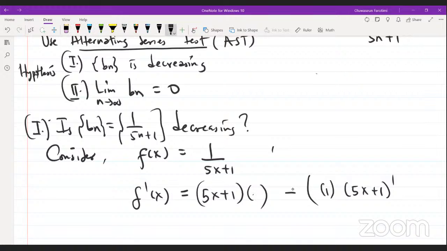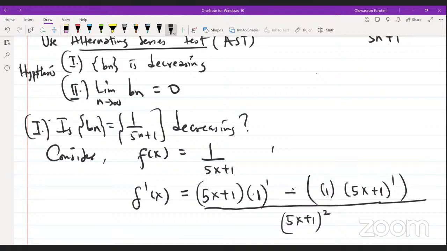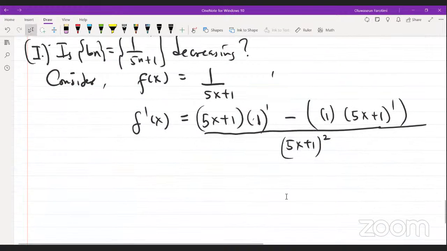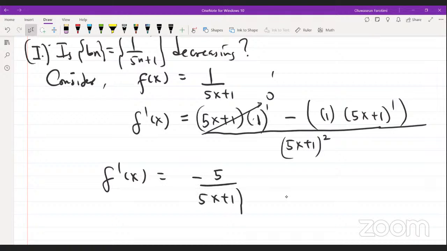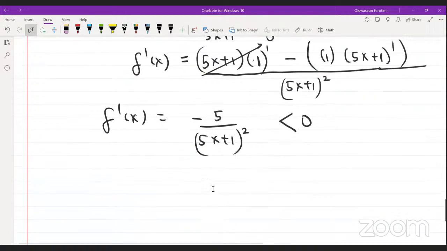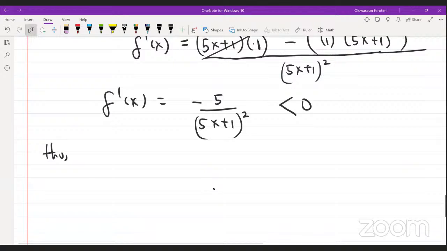So 1 factorial is 0, so that means this term goes to 0. F prime of x is going to be negative 5 divided by 5x plus 1 squared. Talk to me, guys. This is less than 0. So thus Bn is decreasing.